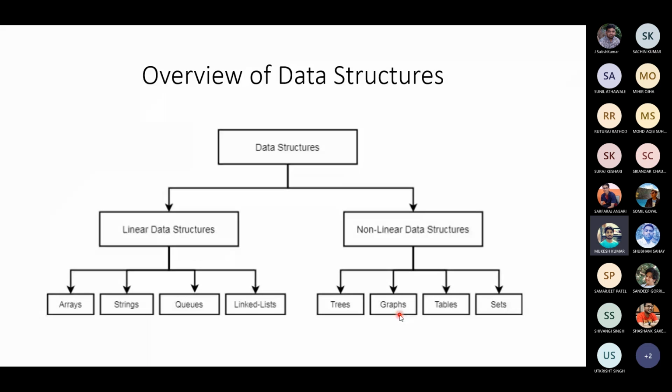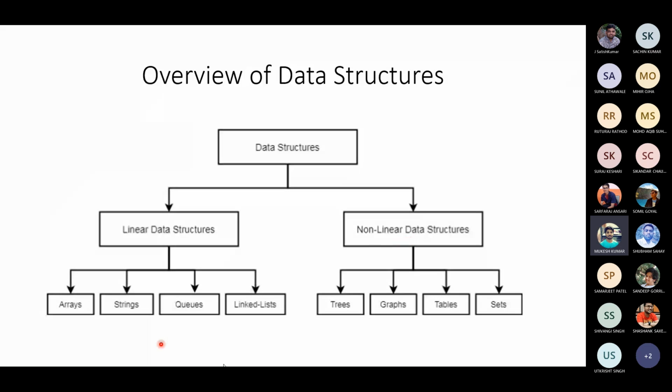Or if you have a tree, you have different branches. Don't worry, I will show a graphical representation of what the various data structures look like. But this is a brief idea: you are storing tables, you are storing sets. These are all non-linear data structures. So you will not have a linear way of accessing or storing the data.